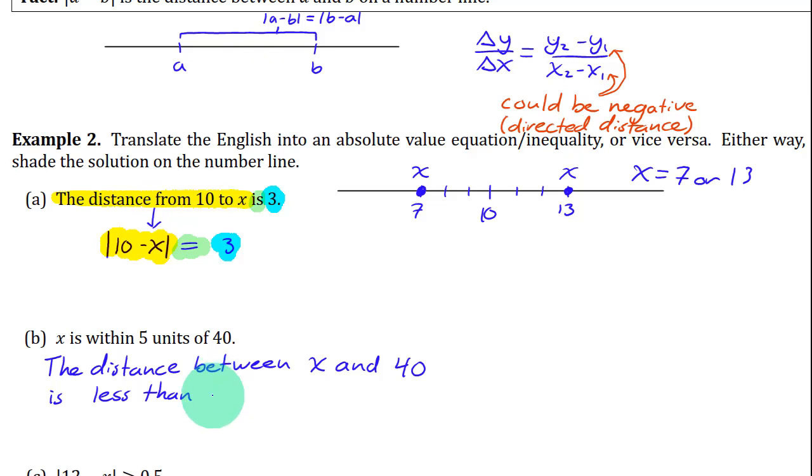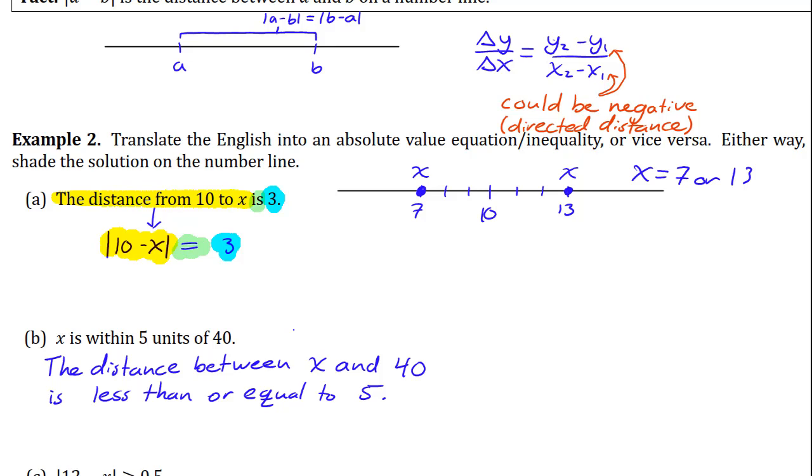Like, is 35 within 5 units of 40? I don't know. I'm going to say less than or equal to 5. So that's saying the same thing as this. You could go from 40 to the left as much as 5 units to the left or less, or you could go 40 plus 5 or less than 5 units.